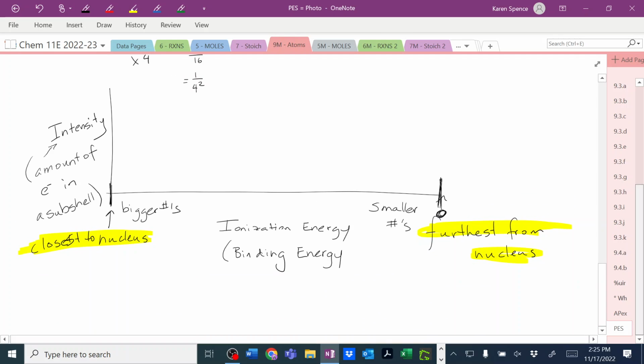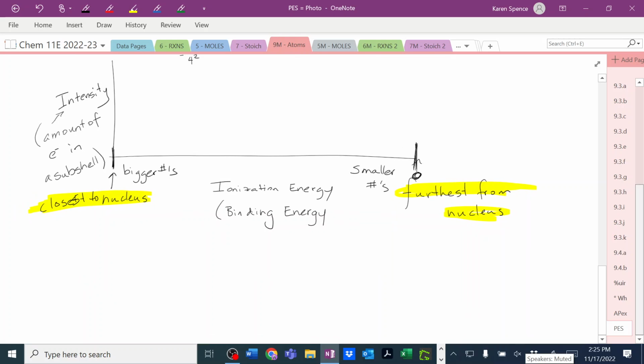So I'm going to start drawing a bunch of photoelectron spectrums for hydrogen, helium, lithium, beryllium, so that we can see them in a row. So here is hydrogen.